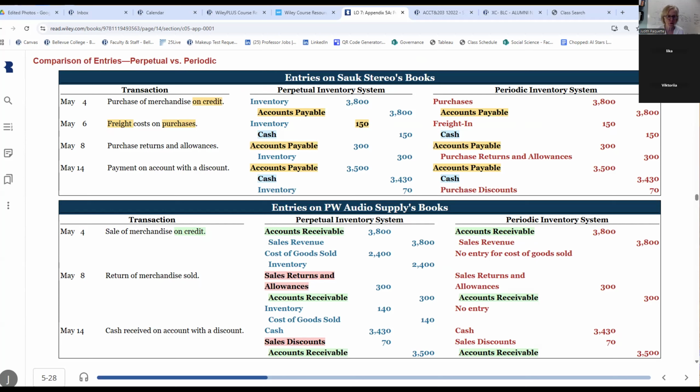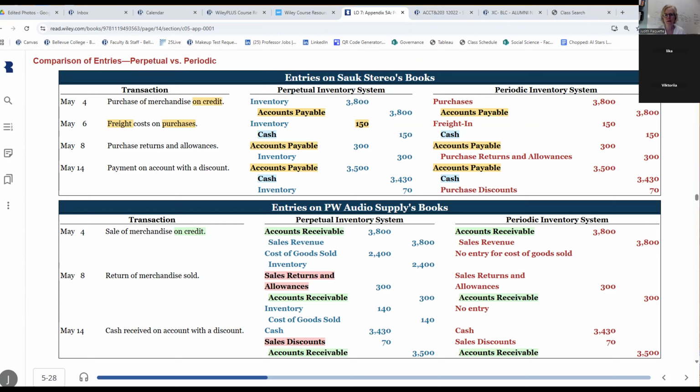But then in chapter 2, we went to classified balance sheet. So what I want you to know is that we can't use the simple statement anymore. We have to use the multi-step income statement. That's what you're going to see on your project as well.